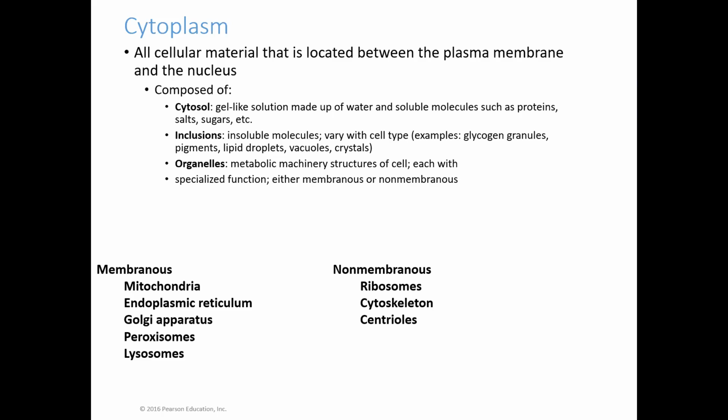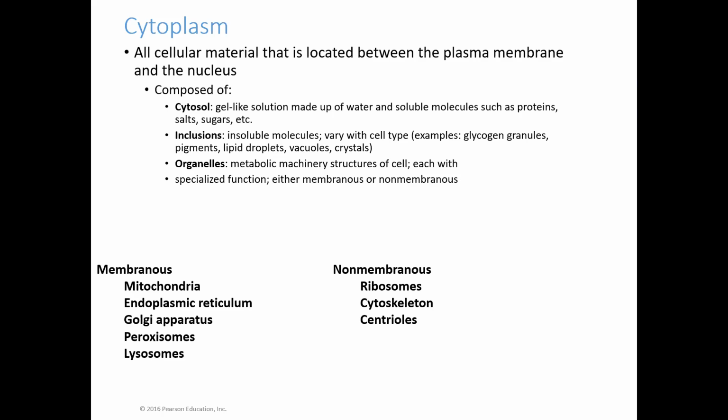All sorts of things are found inside the cytoplasm though. We have all the organelles floating in there. The organelles are the structures that do things for the cell. We find proteins, we find amino acids, we find glycogen and glucose inside here.